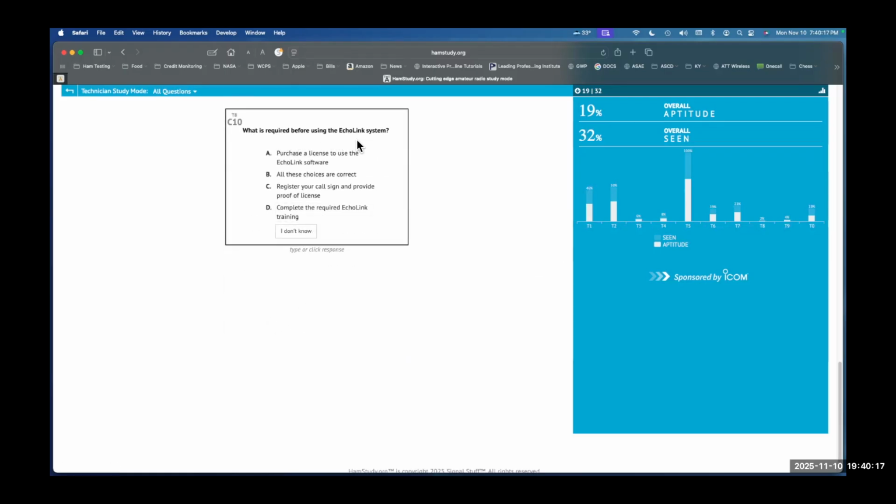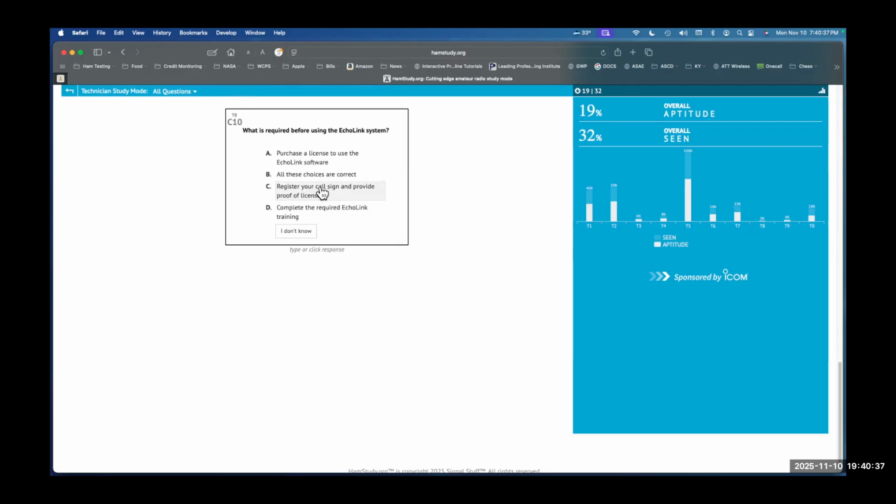What is required before using the EchoLink system? C. Remember, we talked about this. You don't even have to buy a radio if you want to participate in Kentucky Colonel's Amateur Radio Net.